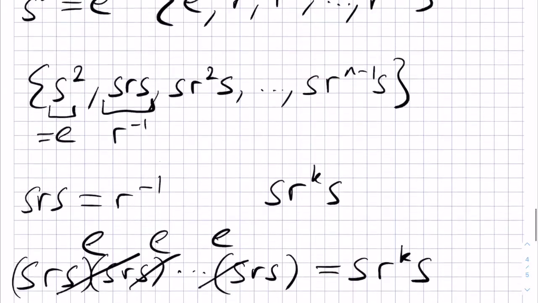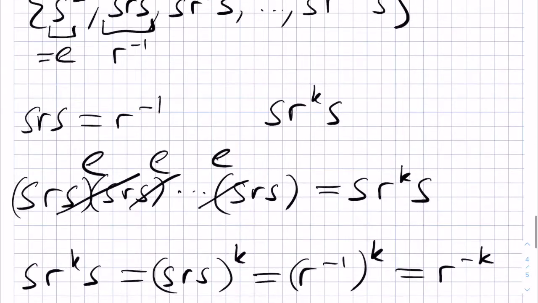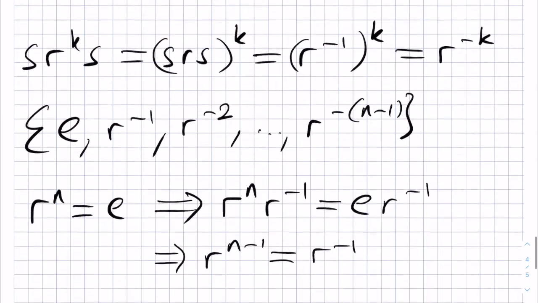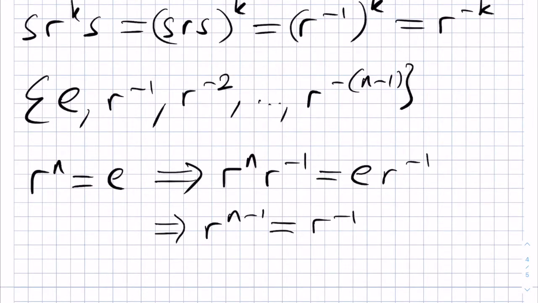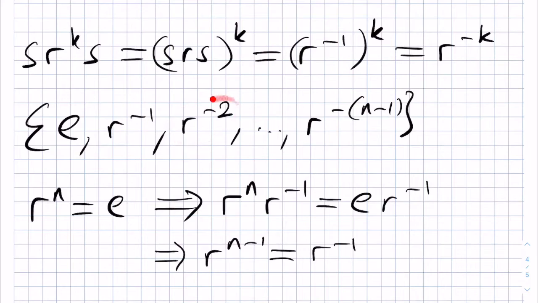In fact, if we continue, we will find that our elements are actually just all of the rotation elements that we had before. By applying r inverse inductively, this is r to the n minus 2, and this ends up being r here.